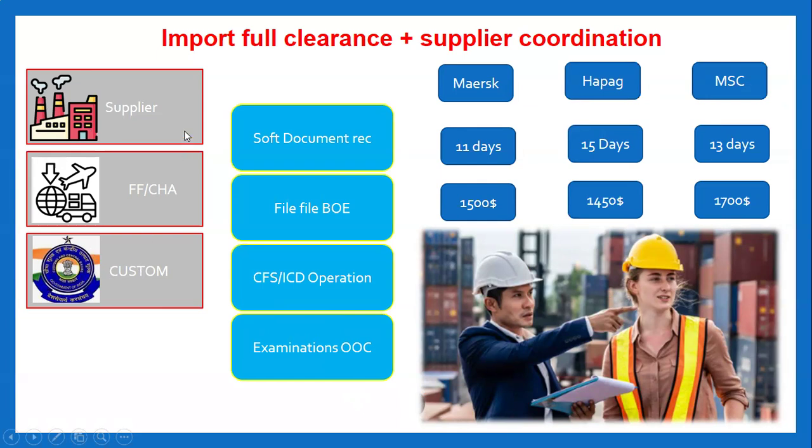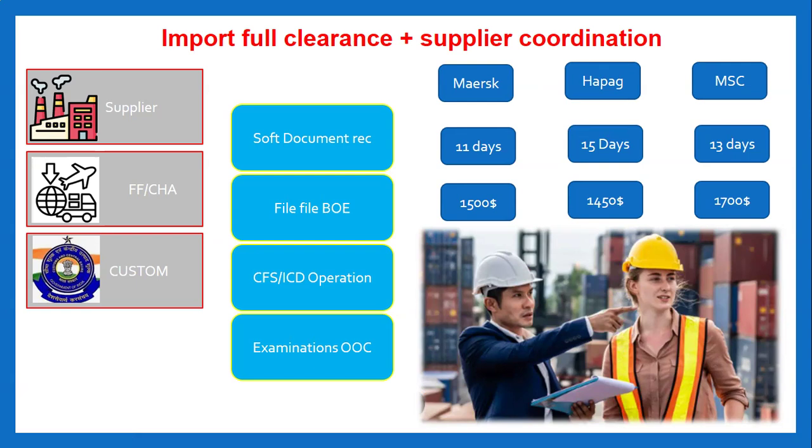As an importer, we need to check whether all documents are ready from the supplier side. Check and scrutinize all documents properly so that no problems come, because the shipping line charges heavy detention charges, like $200 per day or $150 per day for the containers.